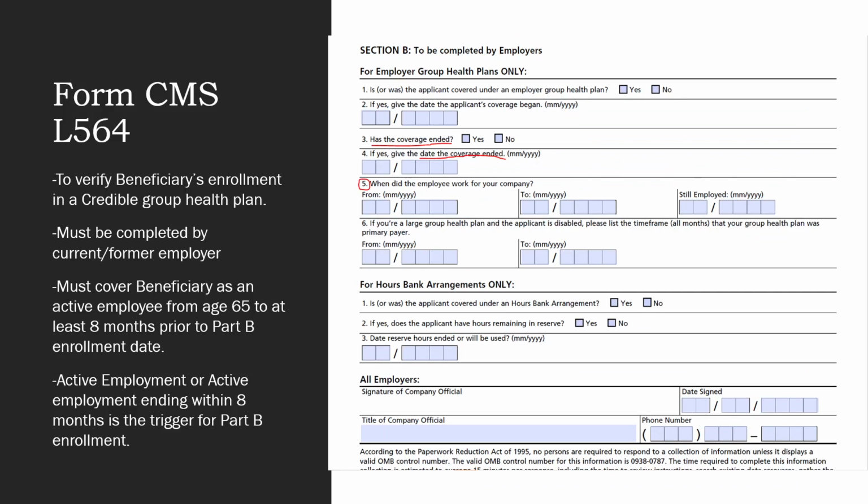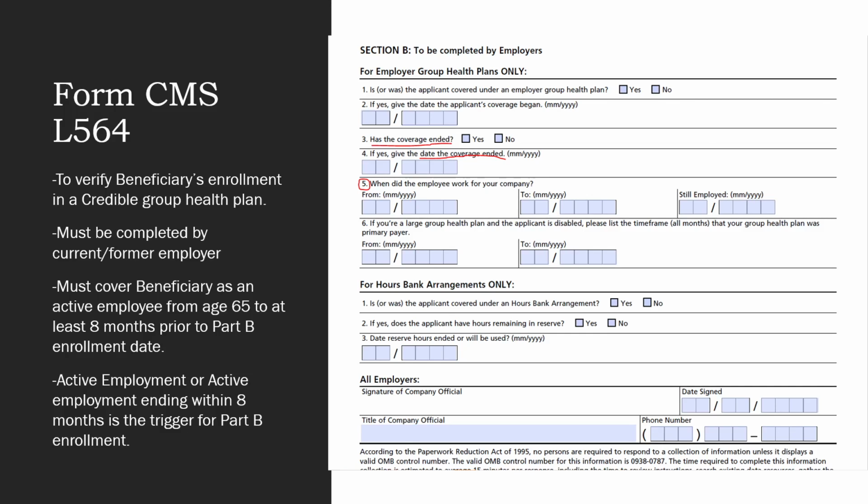The next form you're going to need is Form CMS L564, and this is the form that verifies the employer plan validity and the verification that this person did have a credible coverage plan. And it must be completed by the former employer. They actually have to sign.